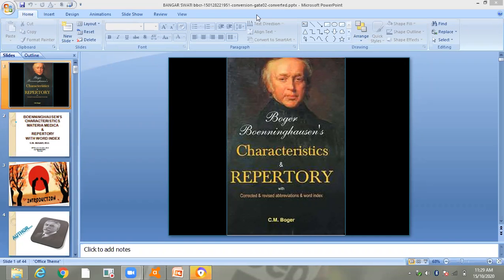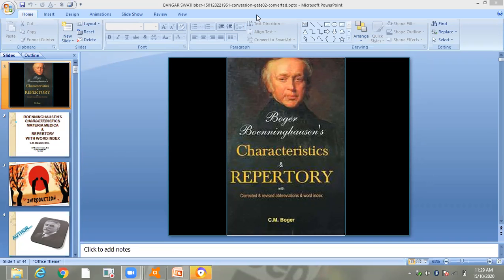Then some rubrics we found are misplaced in this repertory, as they are not given at the proper places, and so we felt difficulties in finding out the proper rubrics.